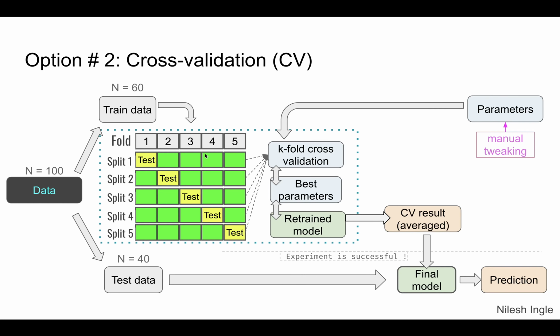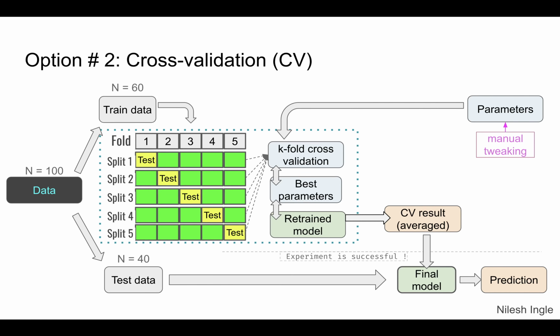So if you specify cross validation equals 5, then you have these 5 splits, and the model is trained on different parts of the train data and tested on different parts of the train data in each iteration. So first iteration split 1 is used, second iteration split 2 is used, and so on. Finally, once the model is done going through the entire train set, the scores are averaged, and that is the validation score you have.